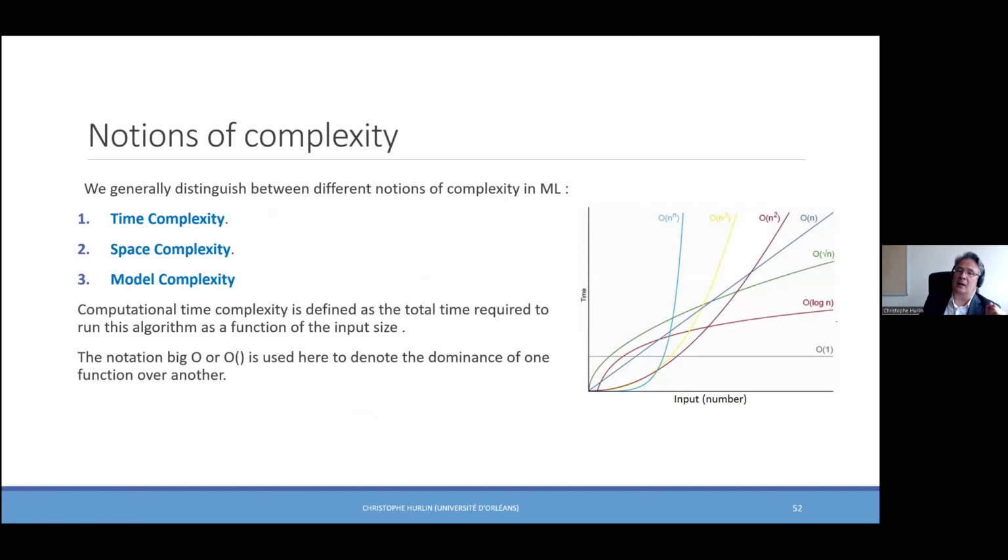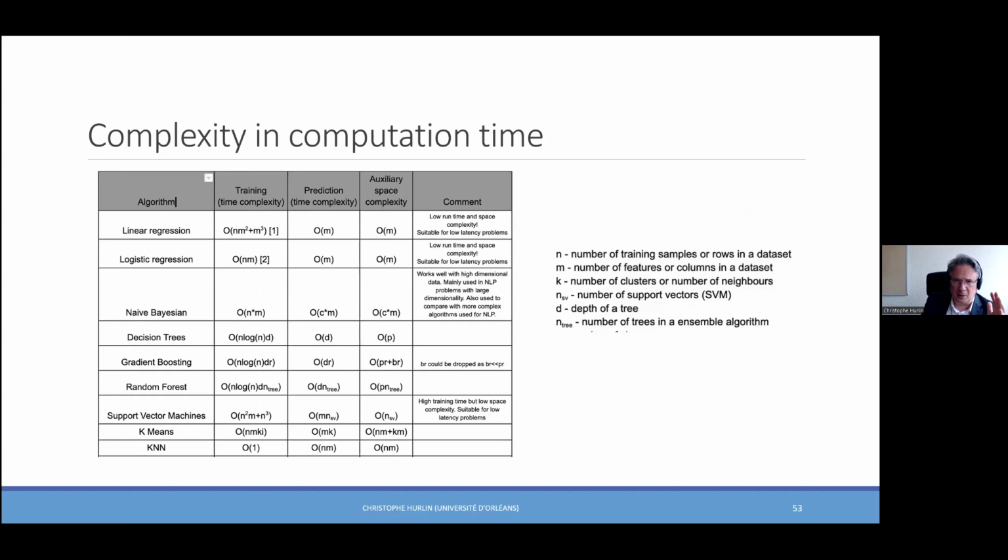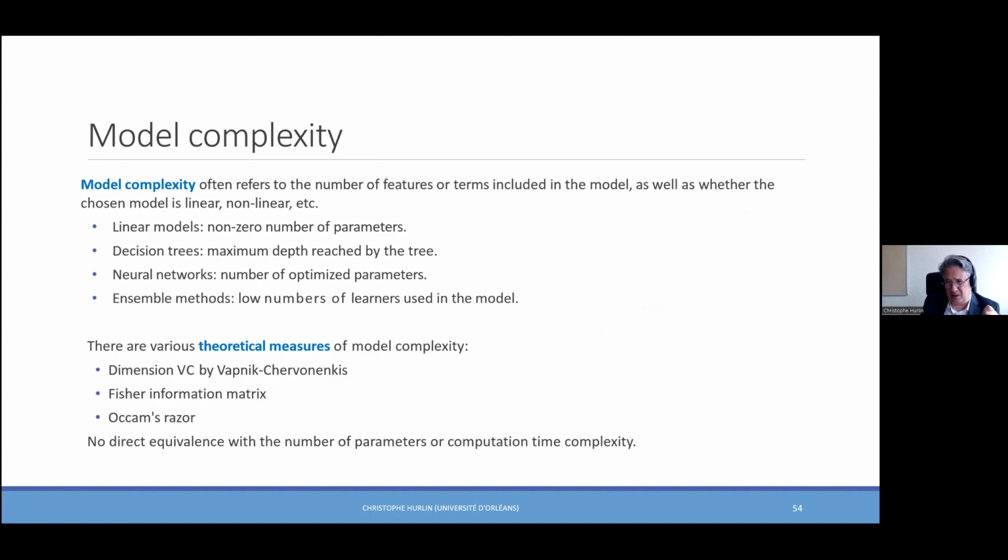So what is this idea of complexity? There are many definitions of complexity in machine learning. We can have time complexity, space complexity, model complexity. I will not have time to discuss all these points, but you have a table for computation time. Let me focus on model complexity.